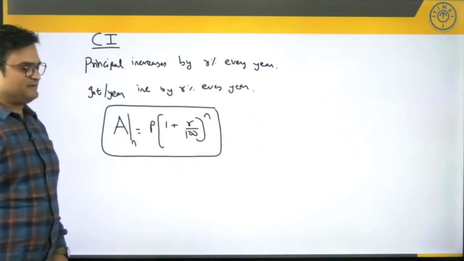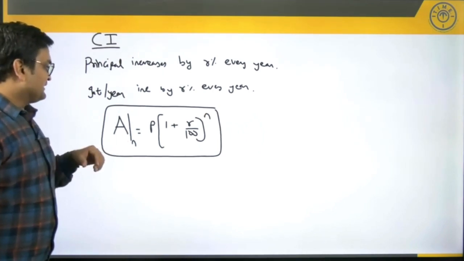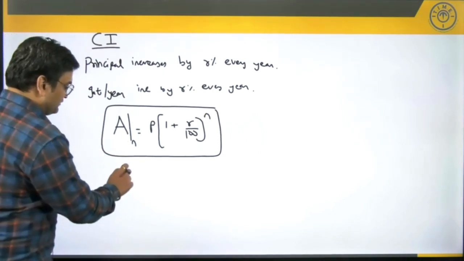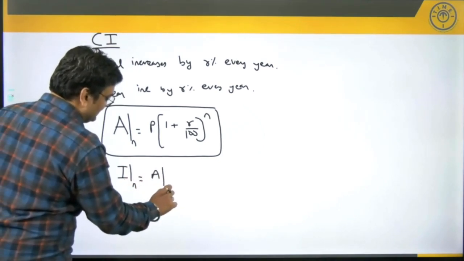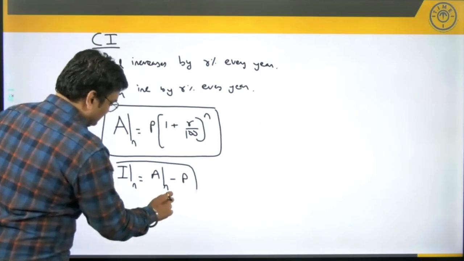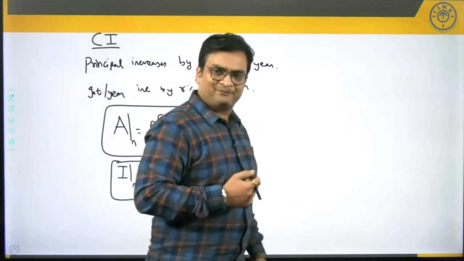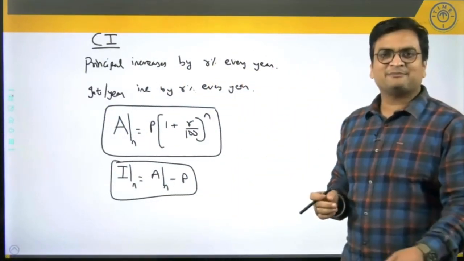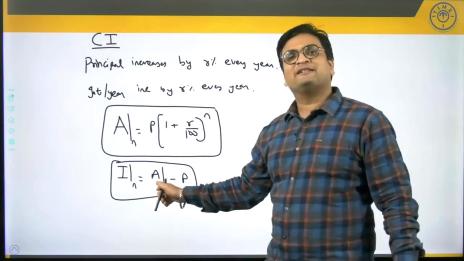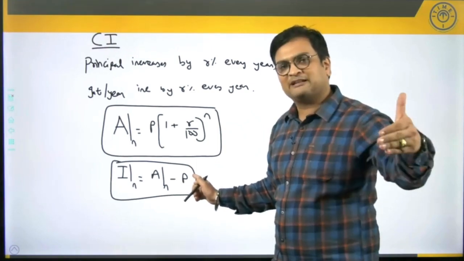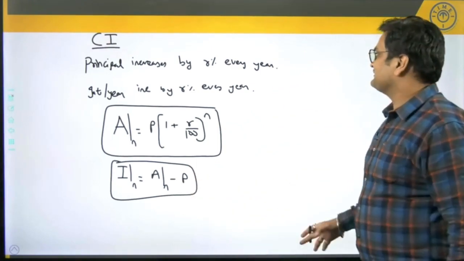Now if I want to find out interest accumulated over n years, there is no direct formula, as I said. The way to do it is amount minus principal. For example, if you want to find interest accumulated for the first 3 years, you find out the amount at the end of 3 years and subtract the principal from it. You should get your answer.